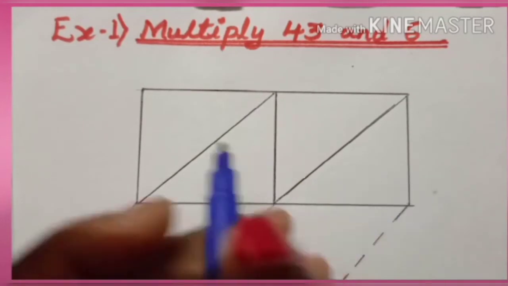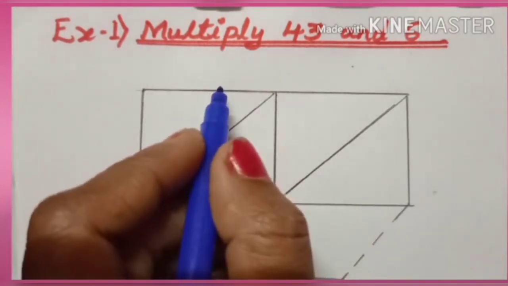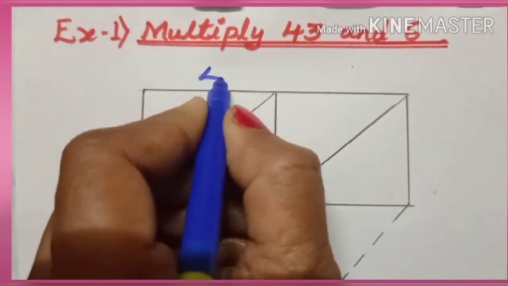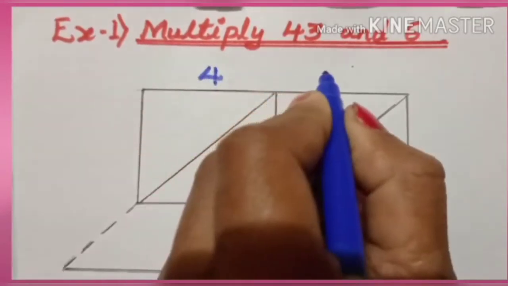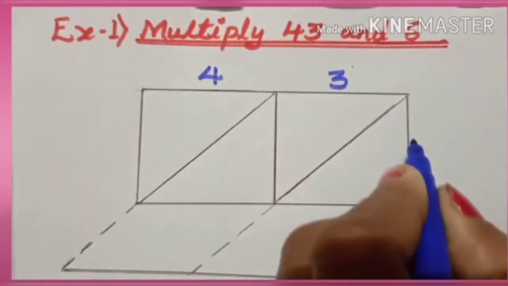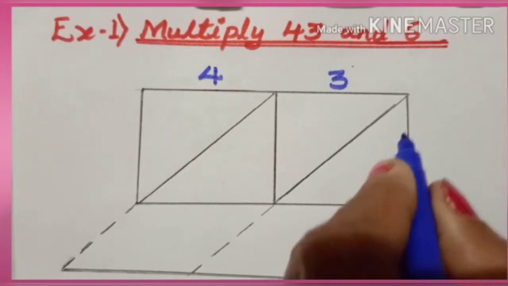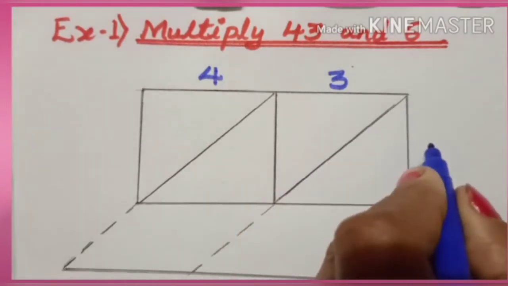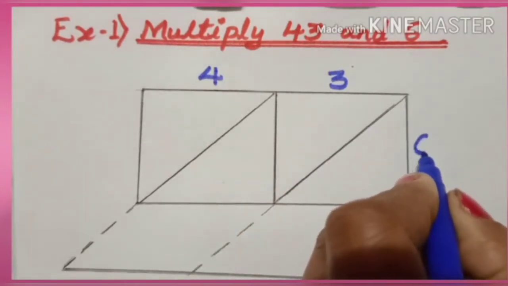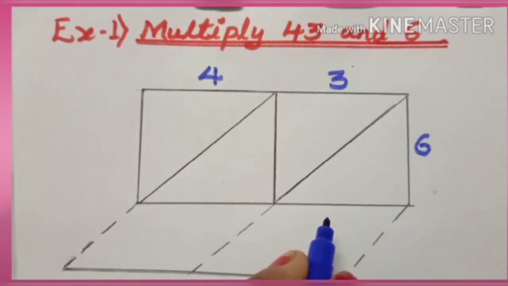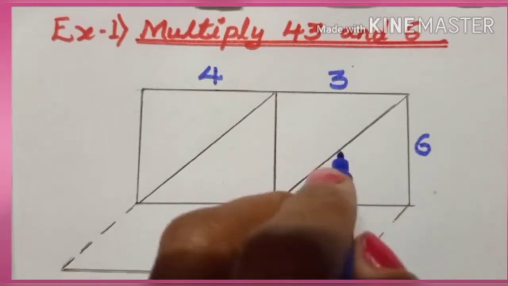and write the multiplicand above the boxes. 43, and write the multiplier on the right side of the box. 6. Now multiply the digits and write the product in the first box.